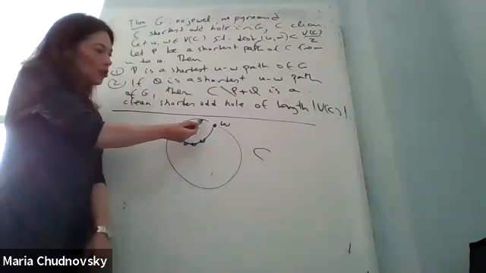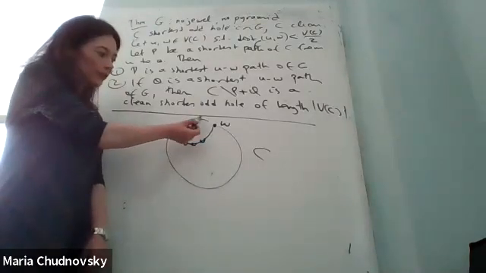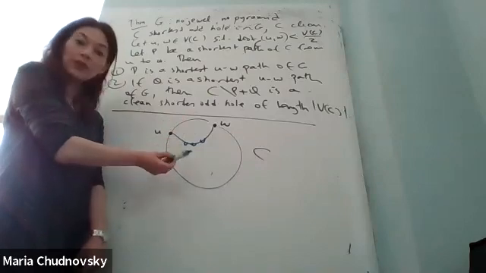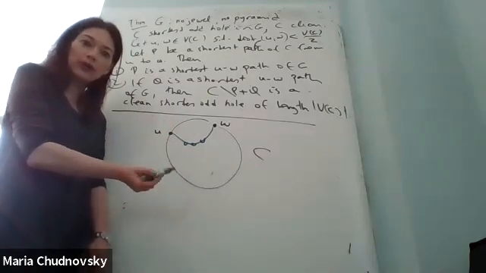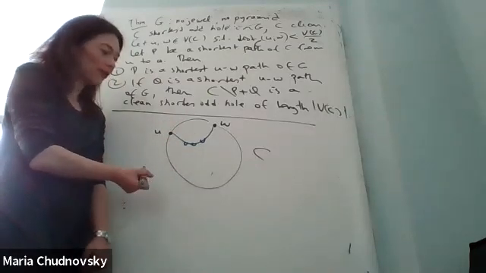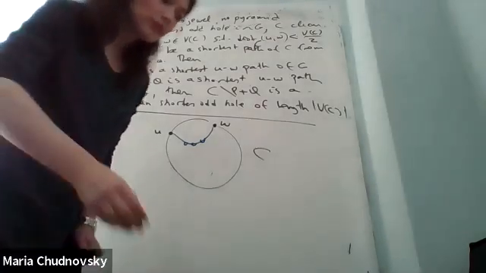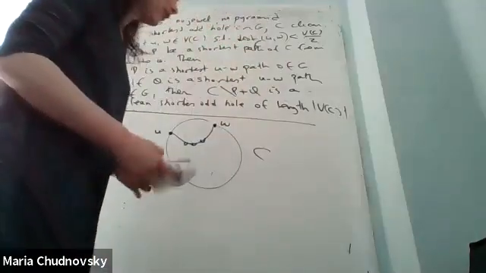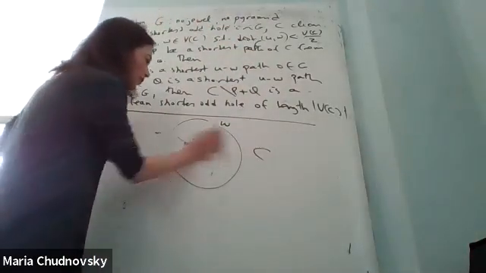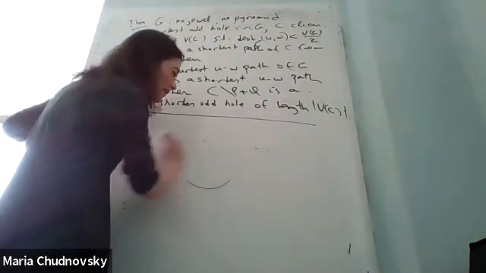And in particular, this original UW path of C was in fact a shortest UW path in the graph. Okay. So now we understand two of the three steps, step 1 and step 3.